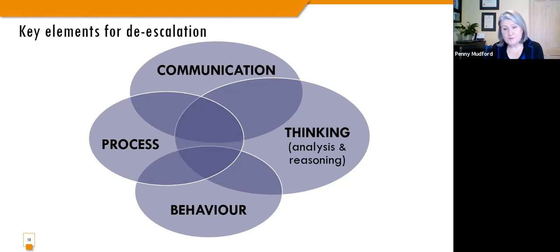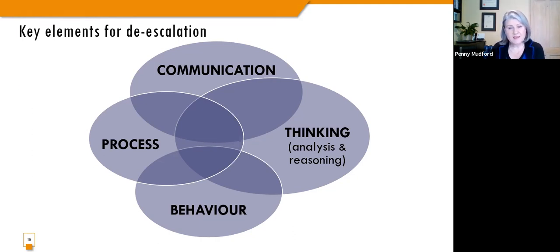In a formal sense, contracts have very prescriptive processes. For example, construction contracts or infrastructure contracts, very specific processes that trigger consequences if things are not delivered when they're supposed to be delivered or as they're supposed to be delivered. So process, I think, is a really key element to de-escalating conflict.